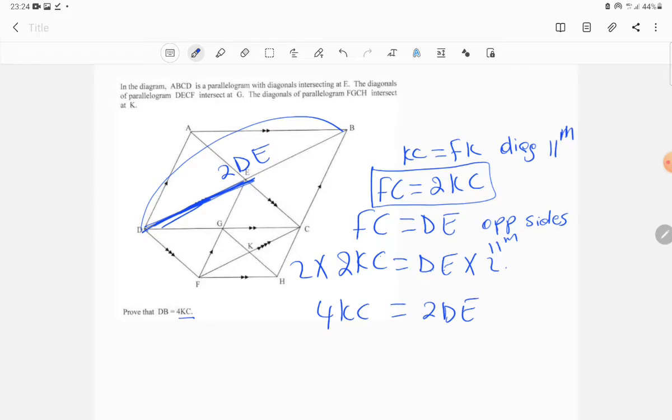So this is what we have. BD is 2DE. That is why we have multiplied both sides by 2.